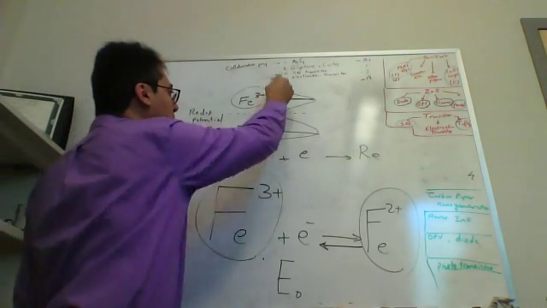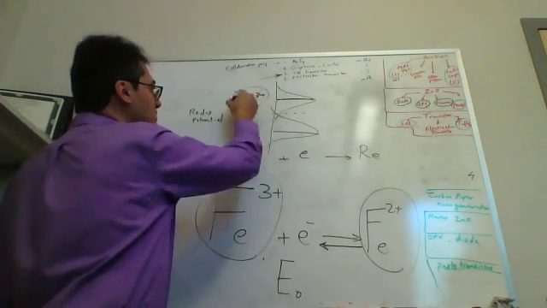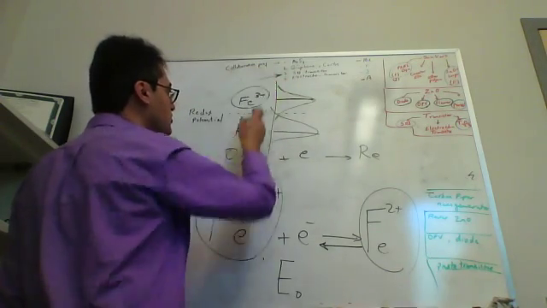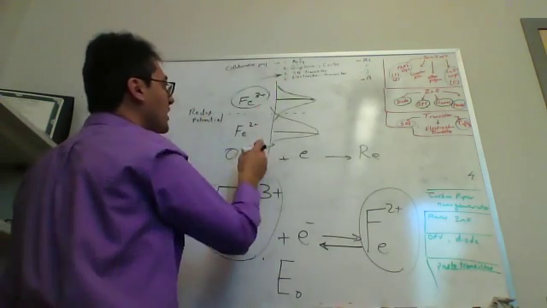So practically what we have is a bunch of Fe3+, which in the energy, this is the energy level or the potential level.